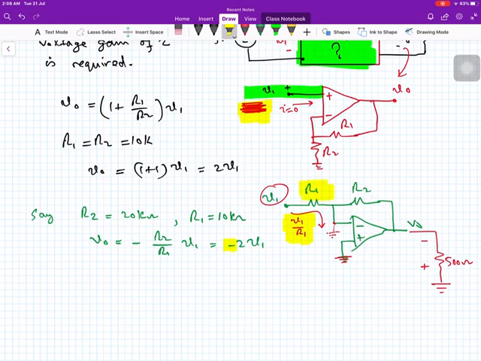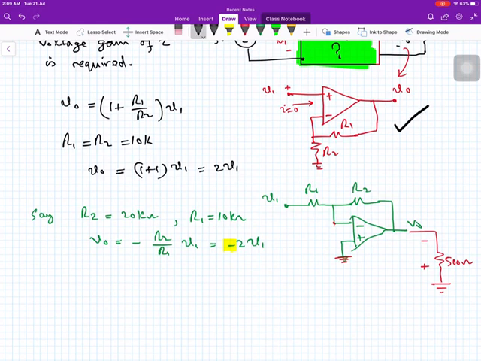Therefore R1 should at least be 10K as a rule of thumb. So we can use either of these options, but due to the loading effects, we will prefer the first option in the interface circuit.